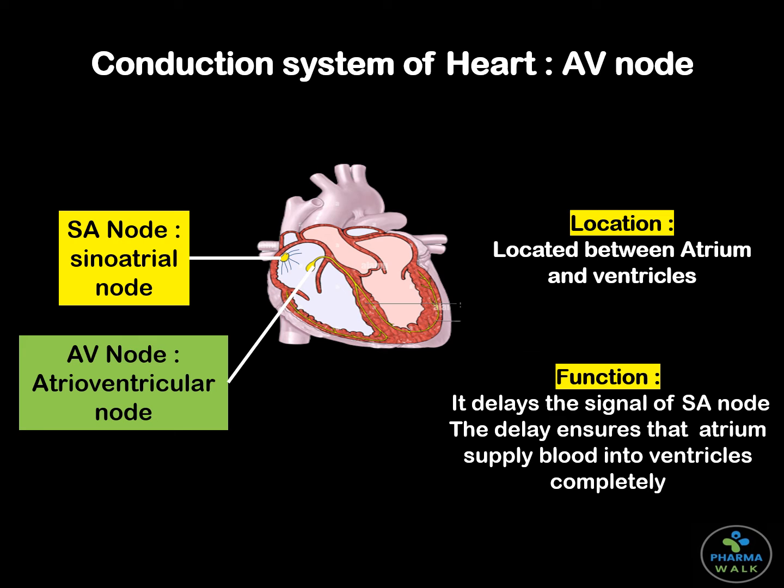Why? Because that delay ensures that the atrium supplies blood into the ventricles completely. Because it is very important कि जितना volume of blood atrium में है, पूरा का पूरा ventricles में आ जाए. And for that reason, the AV node delays the signal of the SA node. So the atrium is completely emptied into the ventricles. पूरा blood ventricles में आ जाएगा.